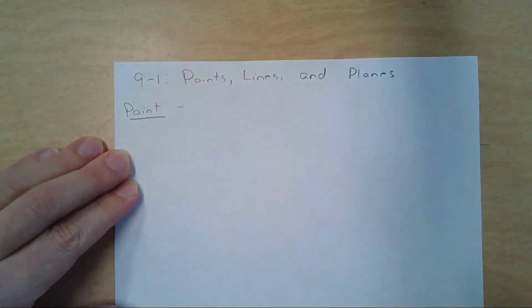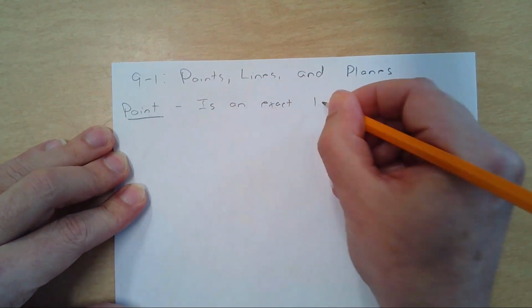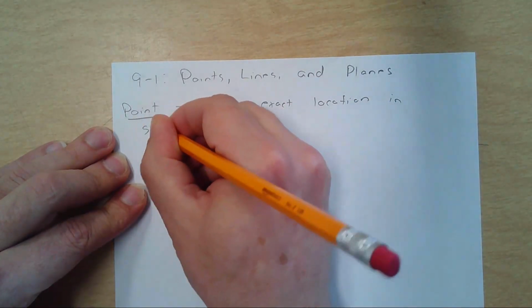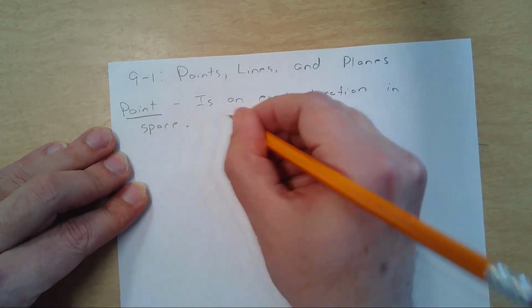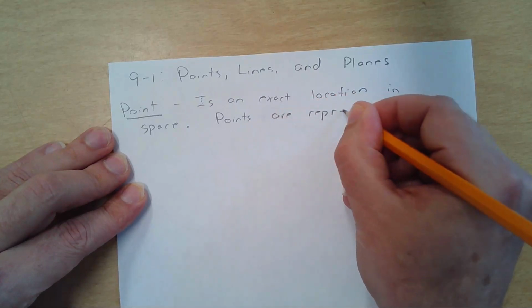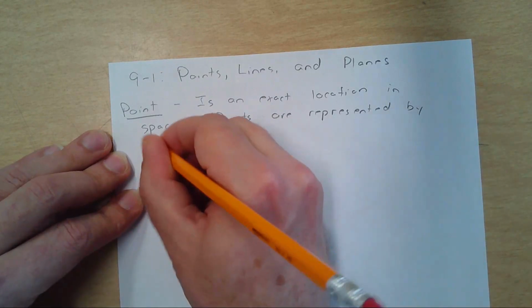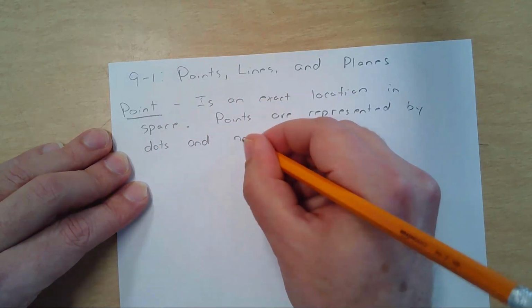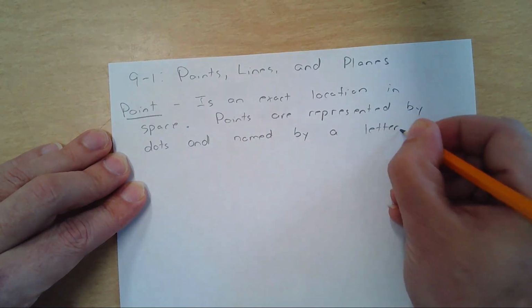So a point is an exact location in space. Points are represented by dots and named by a letter.